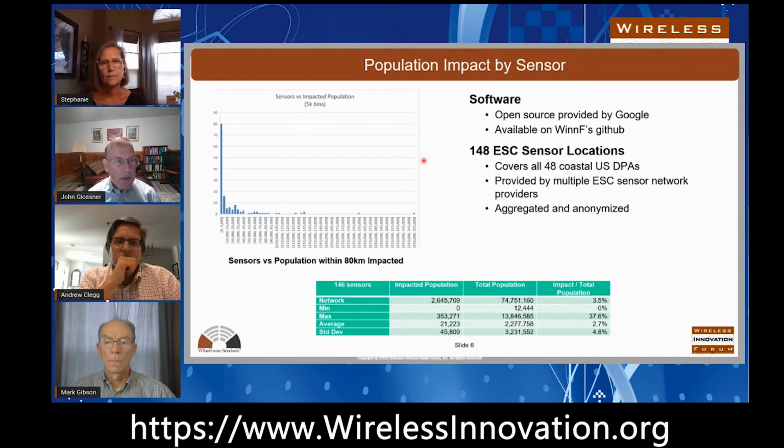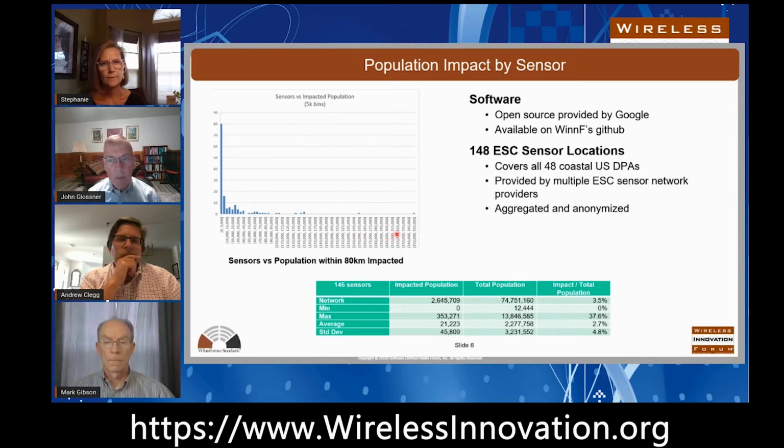So when we looked at that, what we found is the vast majority of the time, there were not that many people affected. Fewer than 5,000 were affected for 80 of those 148 ESC sensors. But there were some that had pretty large population impacts.